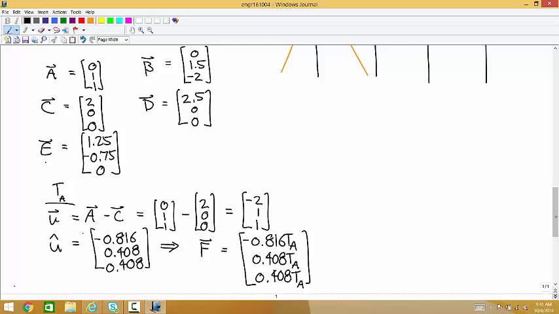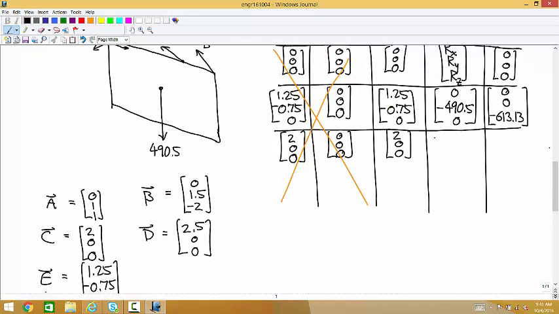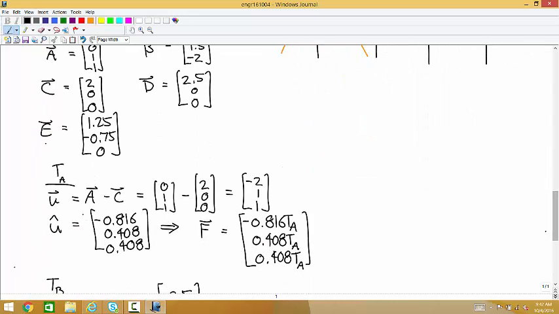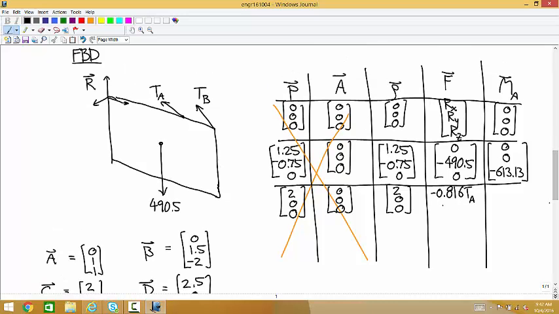That's negative 0.816 TA, and then 0.408 TA, 0.408 TA.